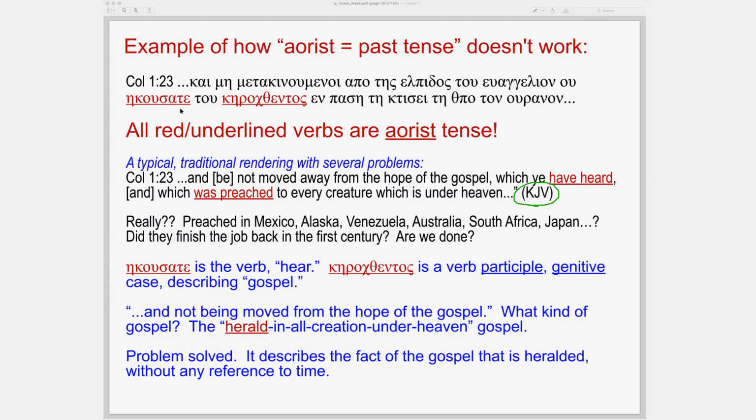So then, the gospel has a description to it. The participle modifies the word gospel. We are not to be moved from the hope of the gospel. What kind of gospel? The heralded in all creation under heaven gospel. So the problem is solved. It describes the fact of the gospel that is heralded without any reference to time.